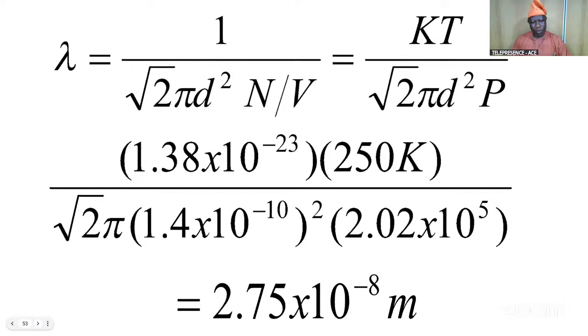Your Boltzmann constant is 1.38 times 10 to the power minus 23, multiplied by 250 Kelvin. Then root 2, the diameter is given already, 1.4 times 10 to the power minus 4. Then square that. The n over v is already given.